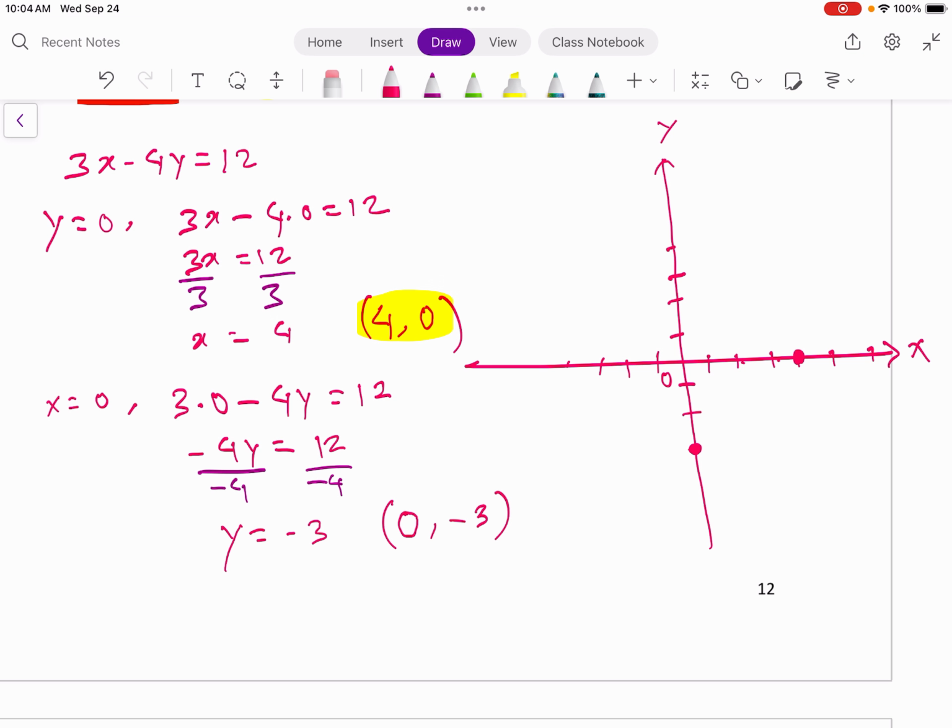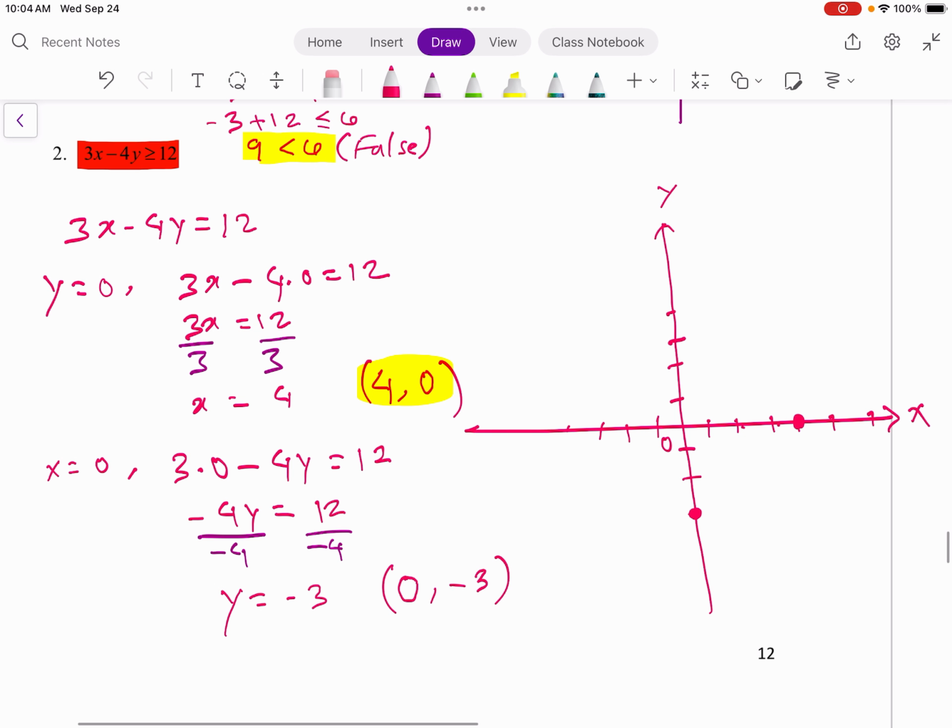To graph a straight line, you can use a slope and intercept, or you can find any 2 points on the line and connect those 2 points. Now before you connect these 2 points, we have to check what kind of inequality we have. Here our inequality is greater than or equal to.